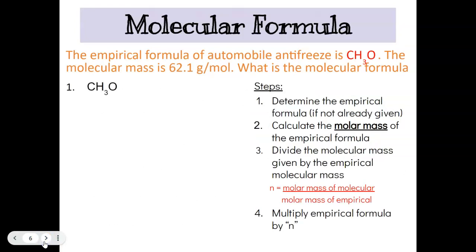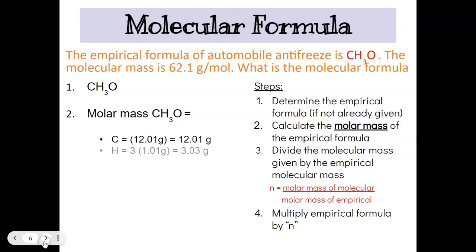So we have CH3O. We have to find the molar mass. And again, this molar mass is coming from the empirical formula. This CH3O you would have to calculate. Okay, so we're assuming that we have calculated the empirical formula.